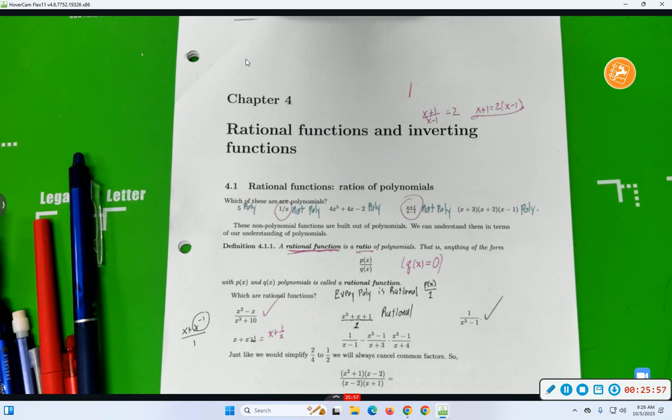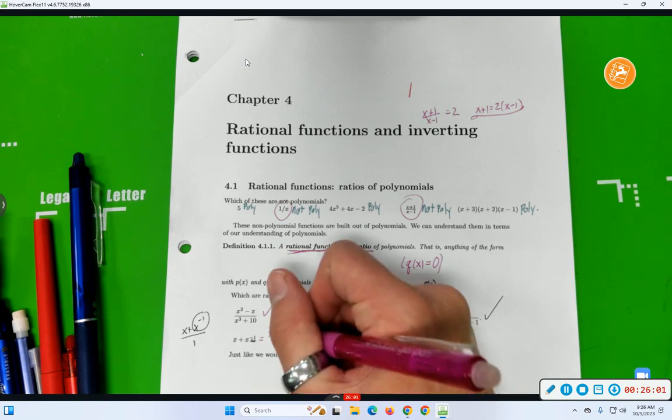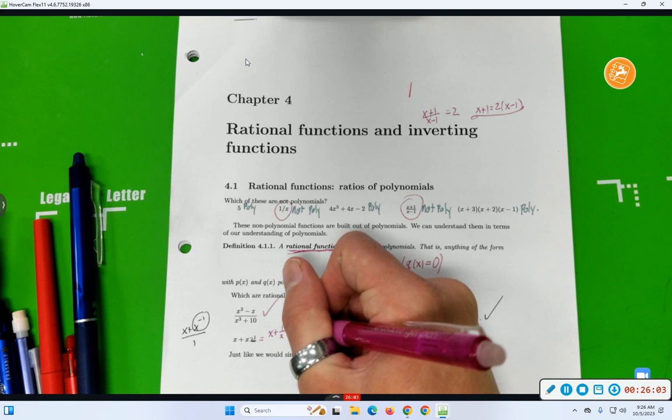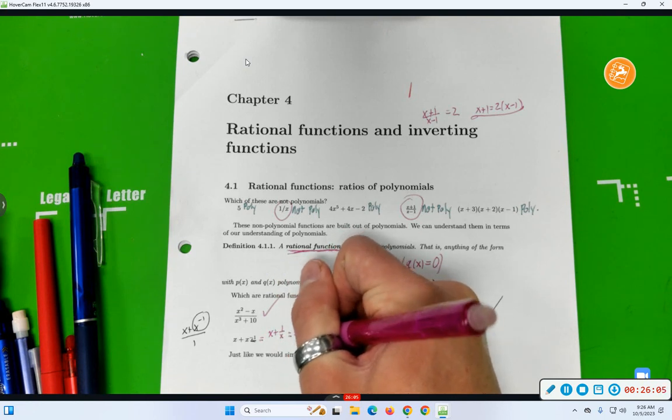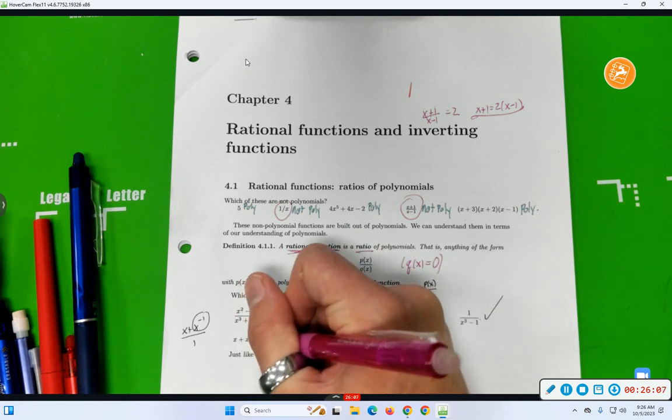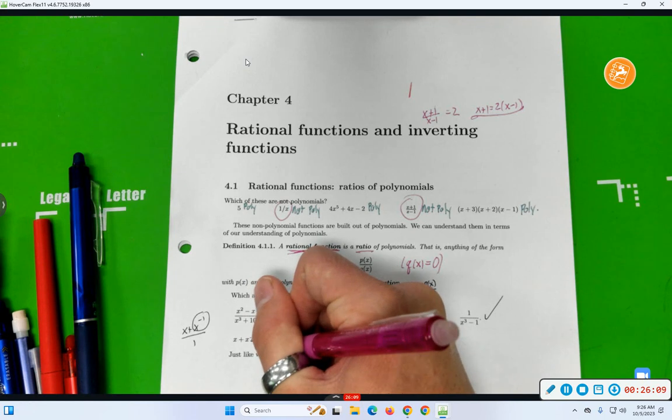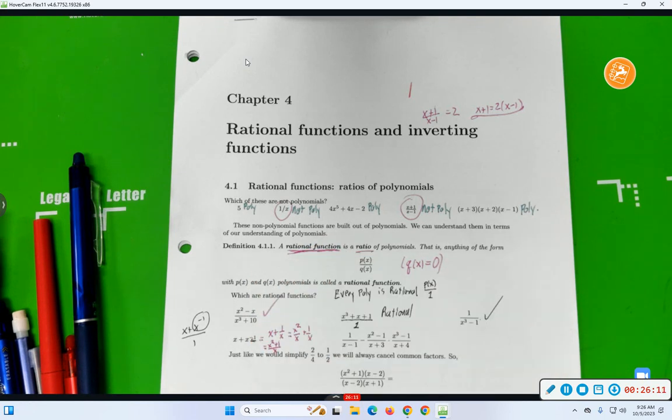Yeah, make the denominators equal. Put a common denominator. So that would be x squared over x plus 1 over x, which is x squared plus 1 over x. Now is it literally a polynomial divided by a polynomial? Yeah. So that's a rational function.